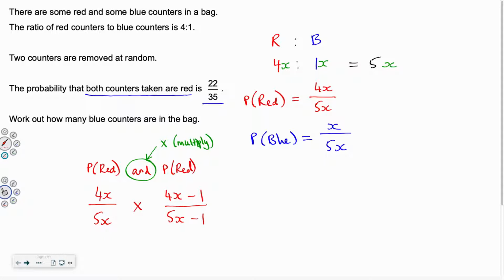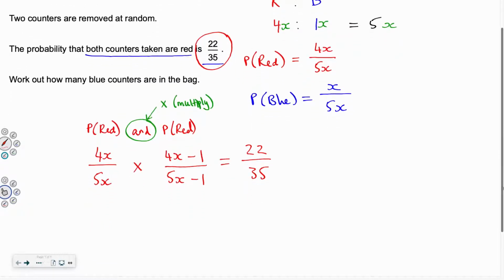So that's why we have to minus 1 from the top and the bottom. Now that will give us the probability that both of the counters are red. And we have the answer to that. It's 22 out of 35. So we can set this equation here equal to 22 out of 35.